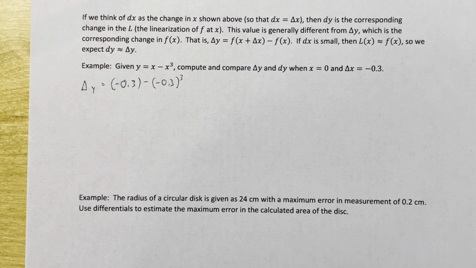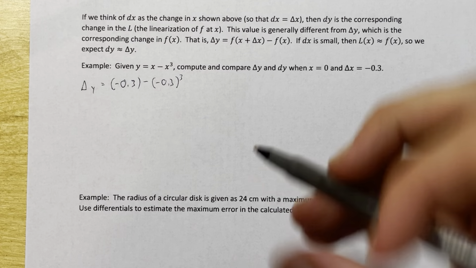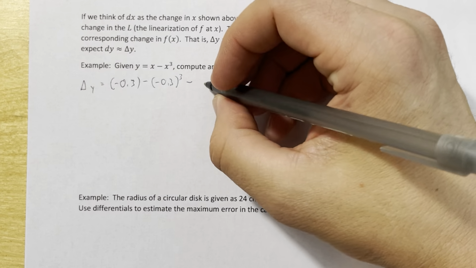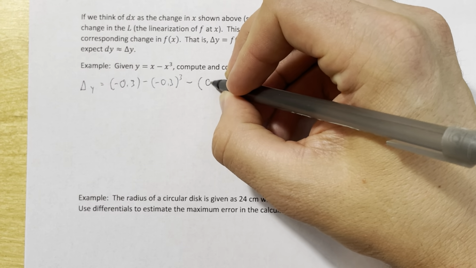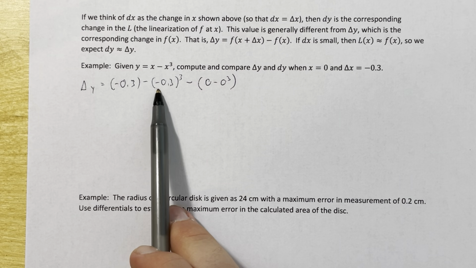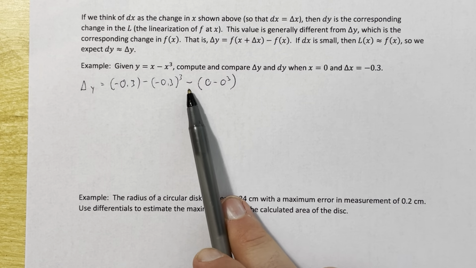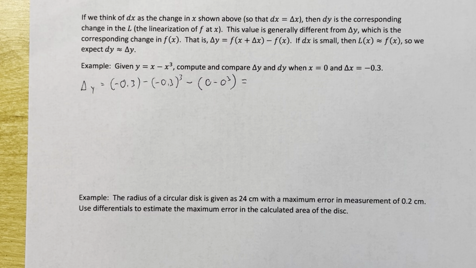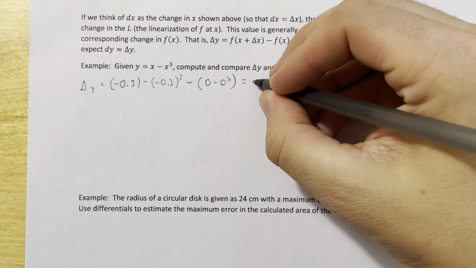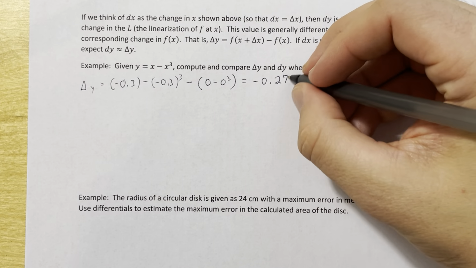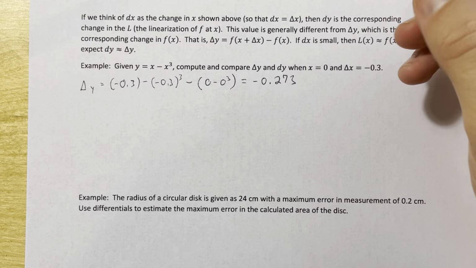Probably didn't need parentheses around that first one. Minus f of x. So that's 0 minus 0 cubed, which is just 0. Okay, so there's f of x plus delta x minus f of x. This, if you work that out, is going to come out to negative 0.273. Just use a calculator for that.